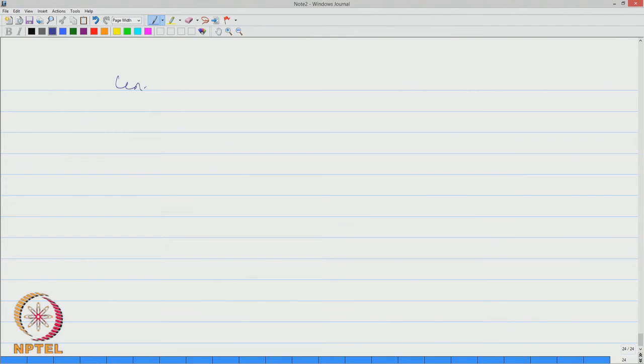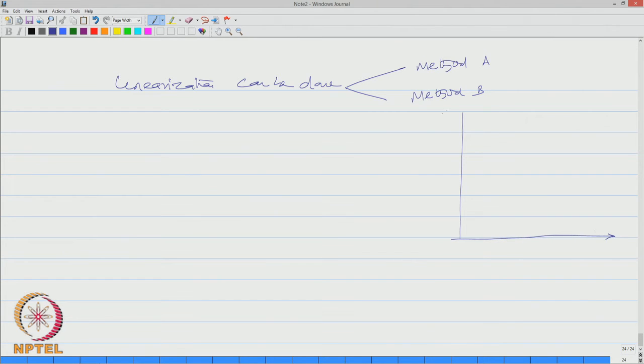So, linearization can be done in two ways, let us say method A and method B. So, the typical stress strain curve looks like this. This is the stress strain curve at elevated temperature.